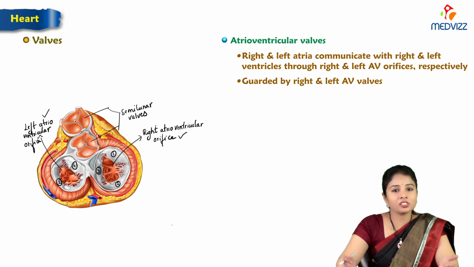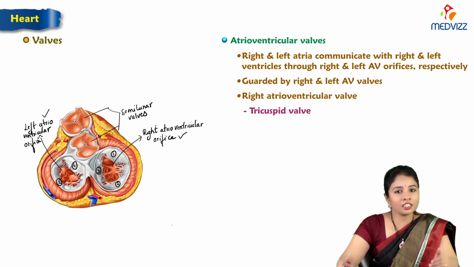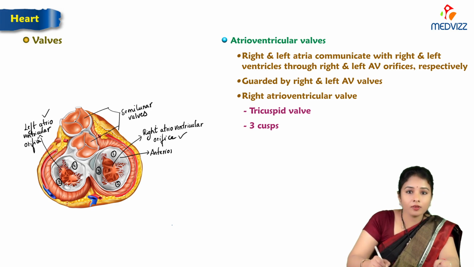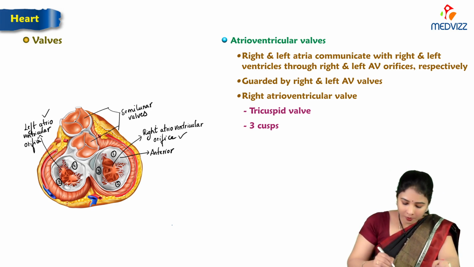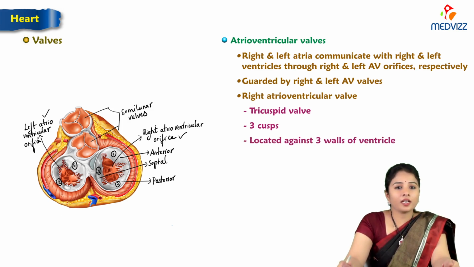First we shall start with the right atrioventricular valve, which is called the tricuspid valve because there are three cusps. There is the anterior cusp, the posterior cusp, and here is the septal cusp, which are located against the three walls of the ventricle.